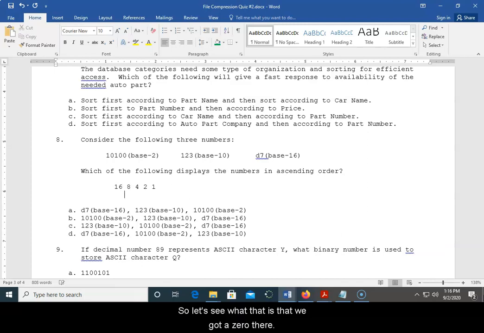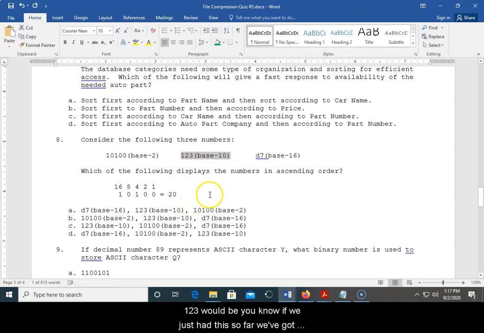So let's see what that is. We've got a 0 there, 0 there, 1 there, 1 there, 0 there, and 1. So I've got 16 plus 4, that is 20. Okay, 20 is less than 123.